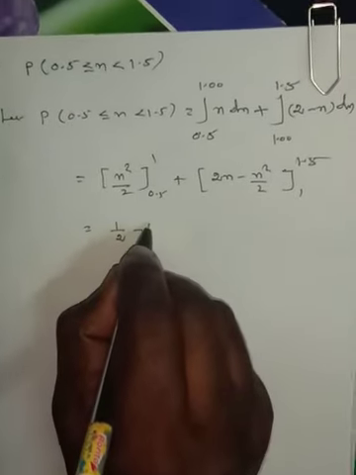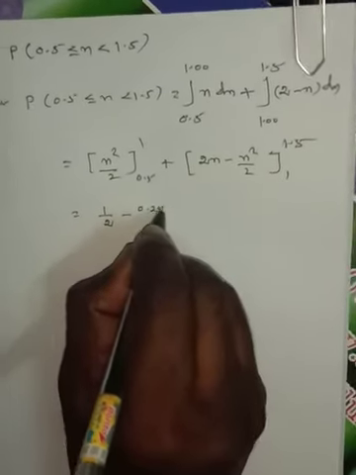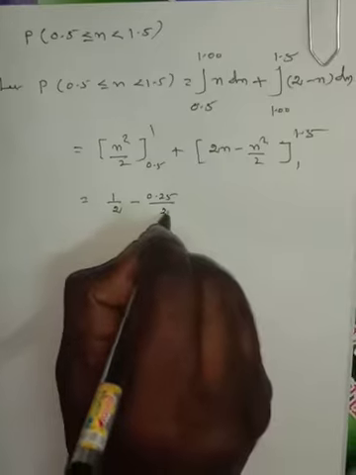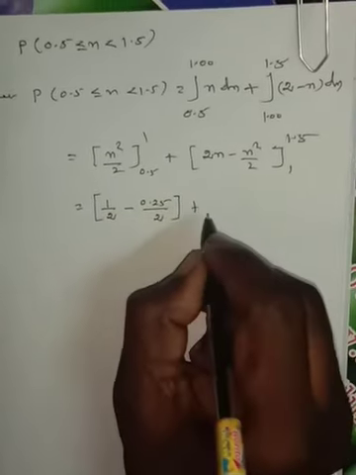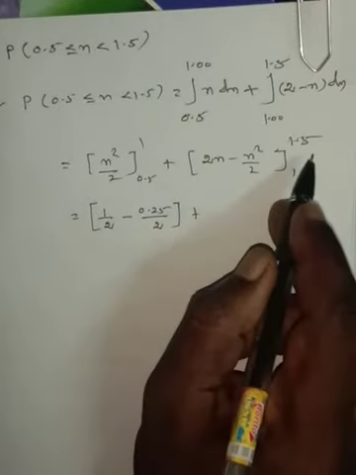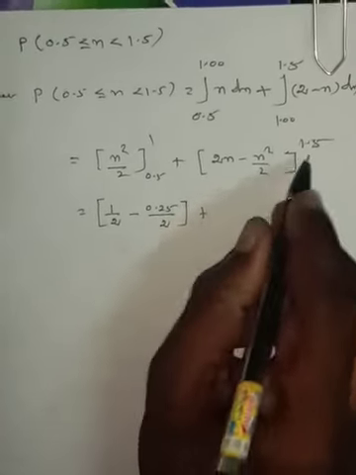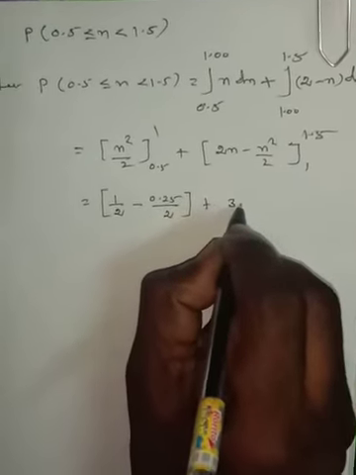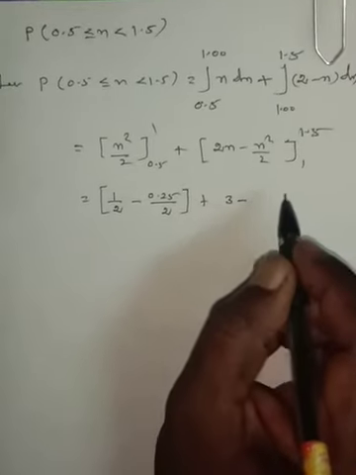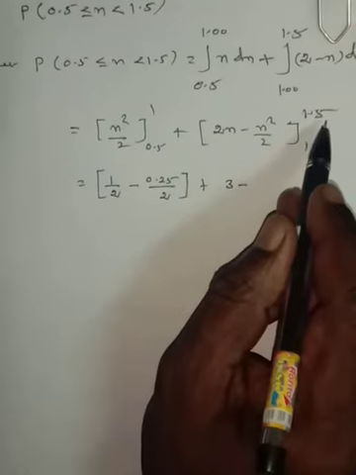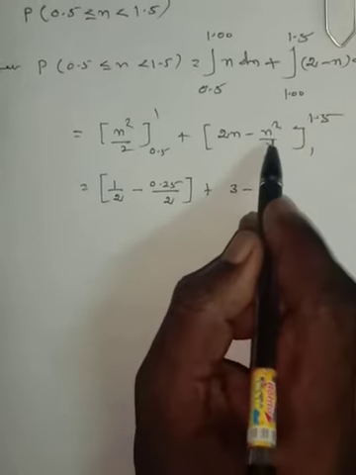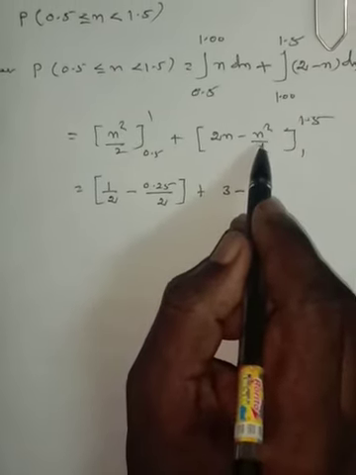So 0.25 divided by 2, plus 2 into 1.5 is 3, minus apply upper limit 1.5.